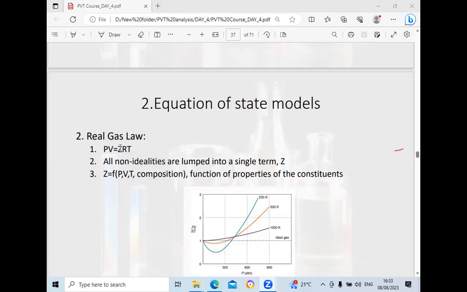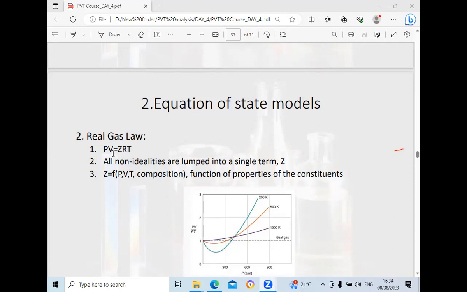So this Z factor, which is called the compressibility factor, is a measure of how the gas deviates from the ideal situation. If we have a value of about 0.9 something, it means that it is close to the ideal situation. Because remember, if Z is equal to 1, then this equation becomes the ideal situation.